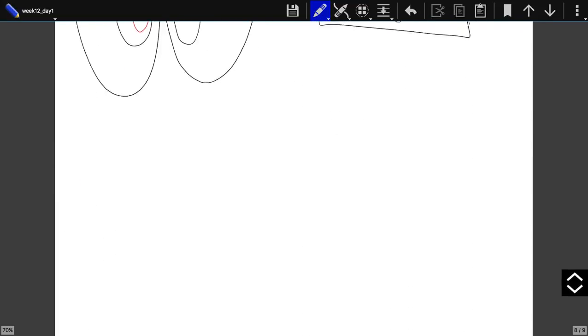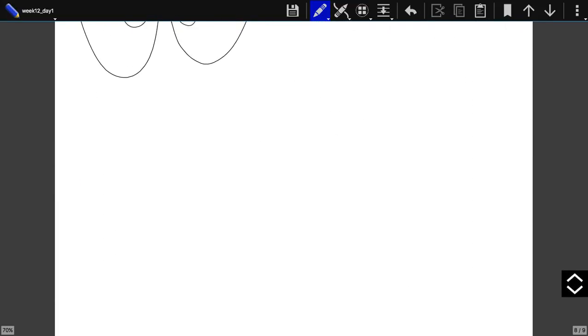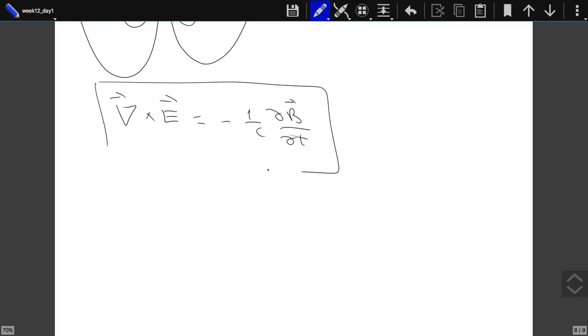So if you want to find the real direction and the real magnitude of the E field, this is what you should use. That is one of the equations that you should use. This gives you the quantitative picture. The other ones are just qualitative, to make visualization somewhat easier. Don't take them at their face values.